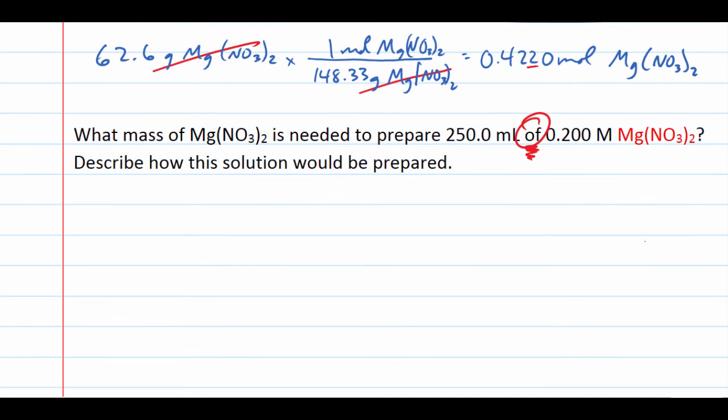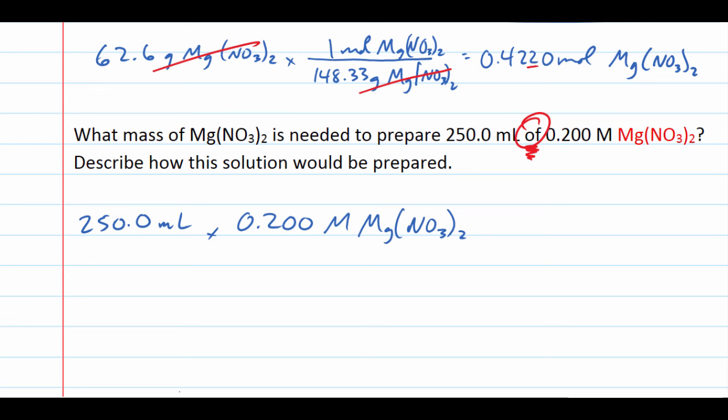Now, we start this one out by taking the 250.0 milliliters of 0.200 molar magnesium nitrate. At this point, we can't do anything with the units because this is milliliters, this is molarity.